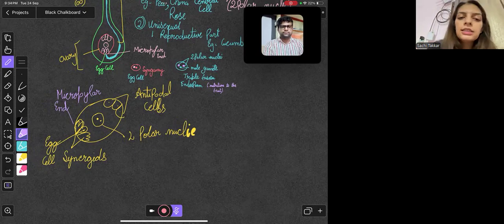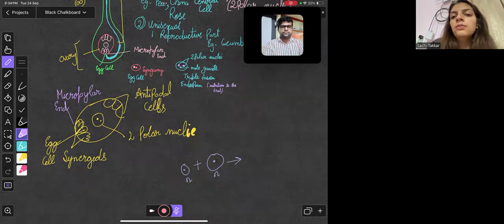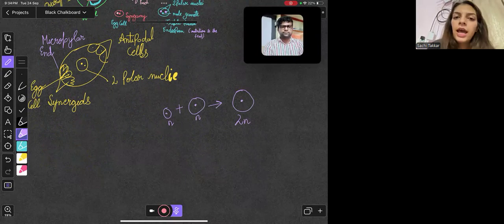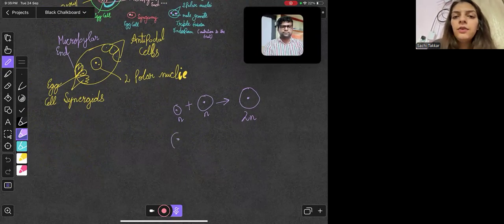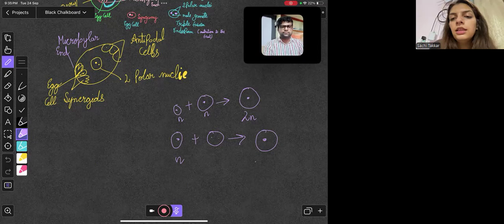Next, synergids will allow the male gamete to enter inside the ovary, and one male gamete will fuse with one egg cell that will form the zygote. That is 2n in number, meaning diploid. And one male gamete will fuse with two polar nuclei and form 3n, because this is haploid and this is 2n.